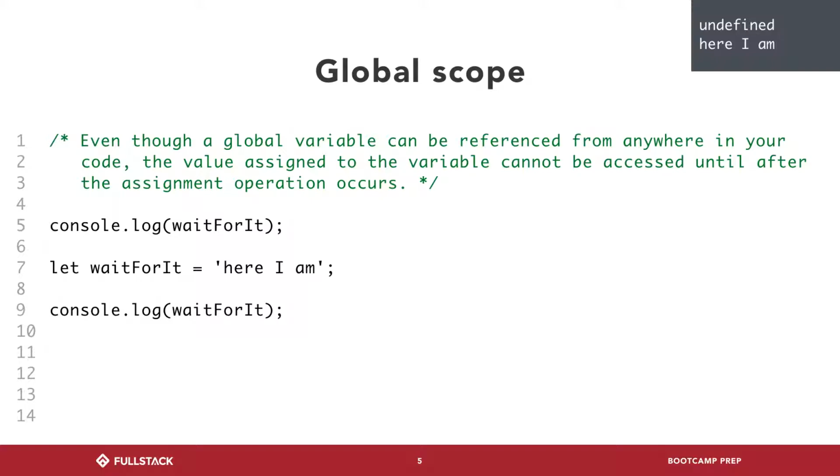Yeah, Francisco? So I tried this console log, and it still gives me a reference error even with the let "wait for it" defined on line 2. Is that just because of the console log? Are you running it in the REPL? Oh no, no REPL. Where are you running it? In Chrome? Yeah. Well, in Chrome, I'm assuming what you're doing is writing a line of code, pressing enter, writing a line of code, pressing enter.